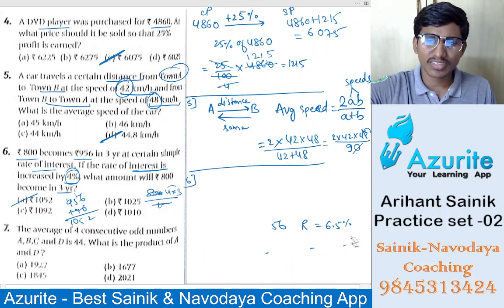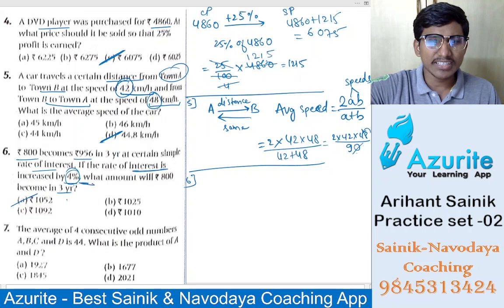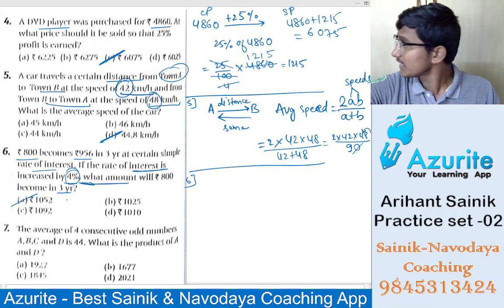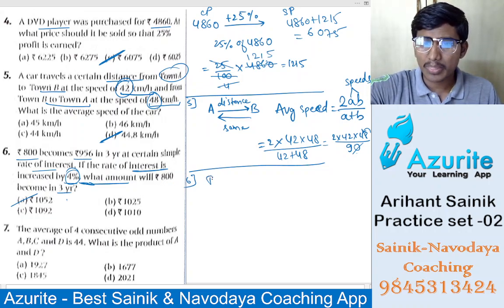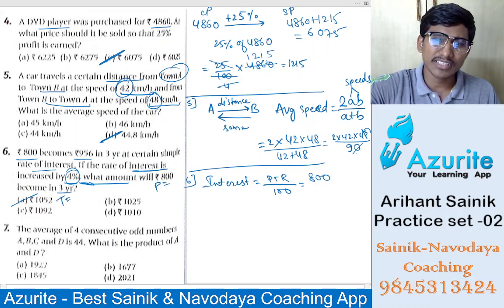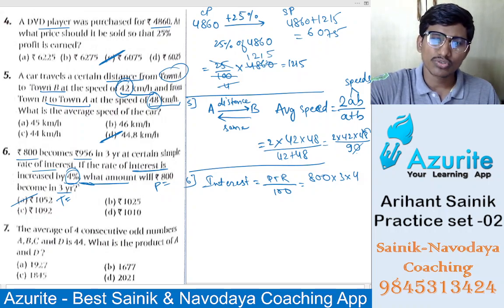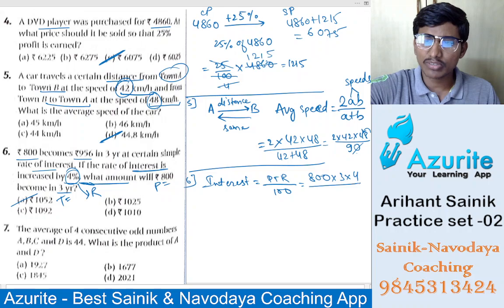Okay? Got it or not? So 4% increase means how do we find the interest? Interest is PTR by 100. Principal is 800 rupees, time is 3 years, rate of interest is 4%, divided by 100.